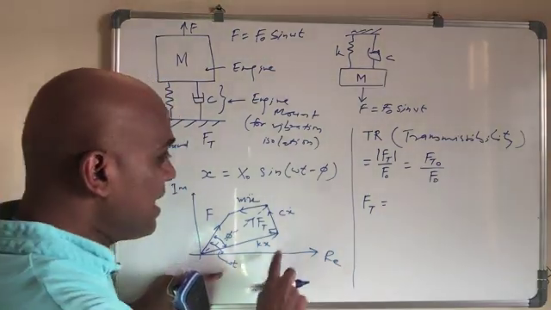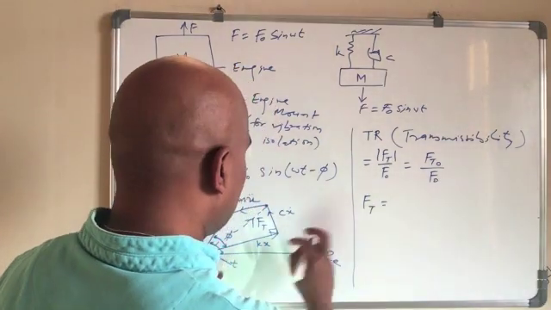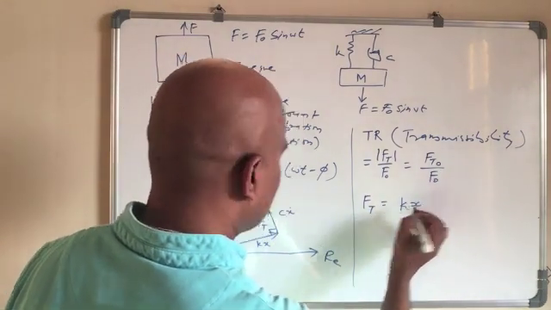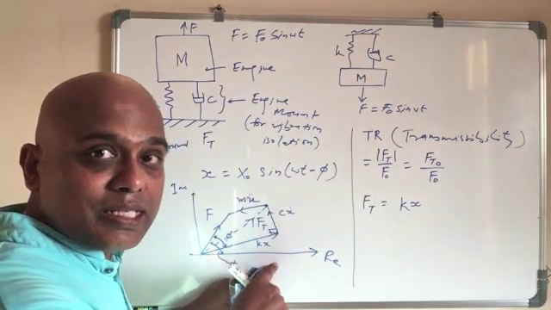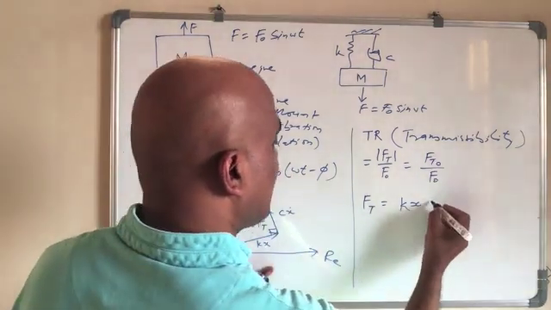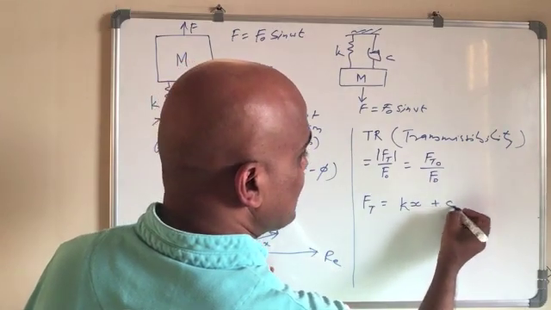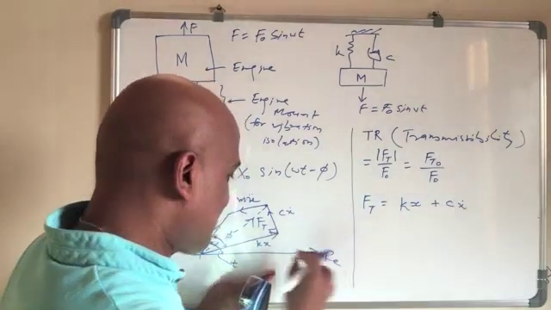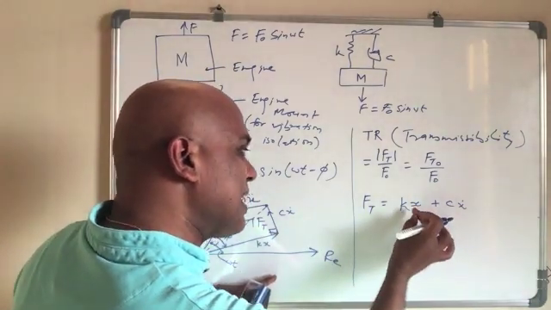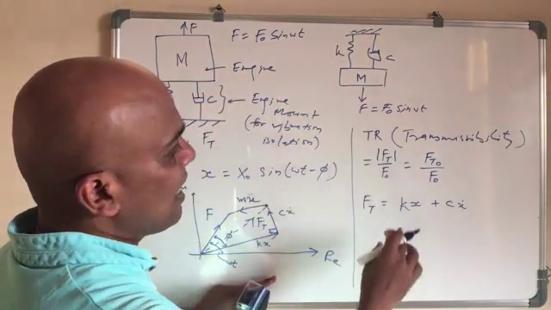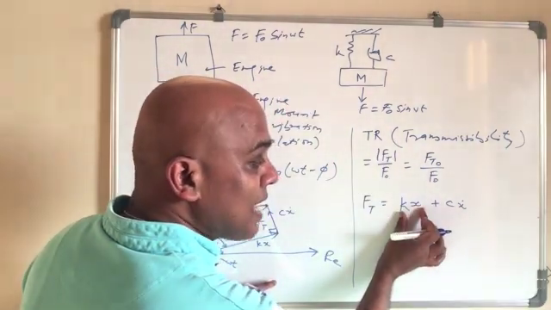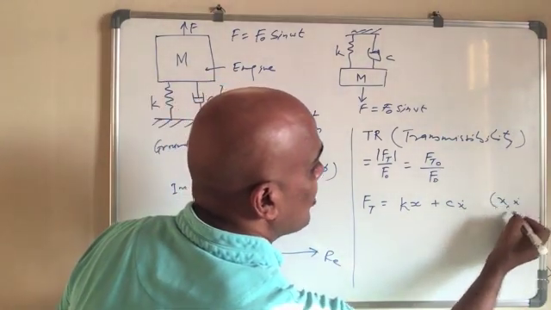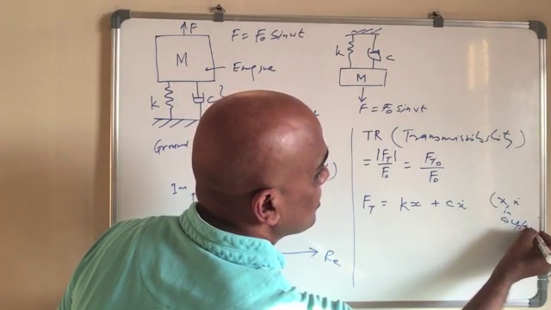So we will have kx plus cx dot. But in vector notation, when we say kx plus cx dot, it implies that x and x dot are both complex.